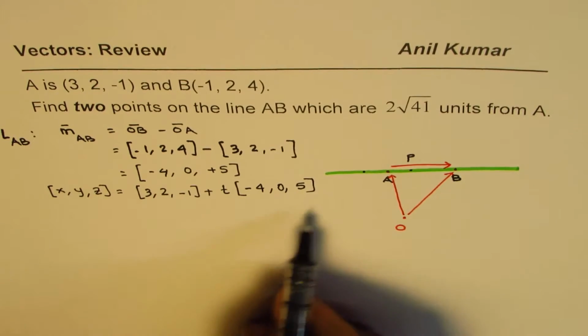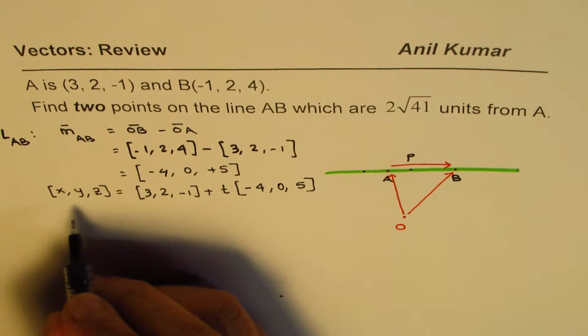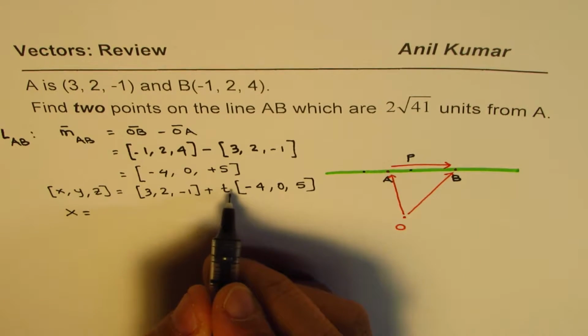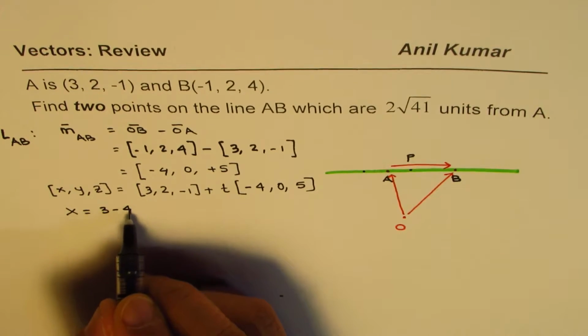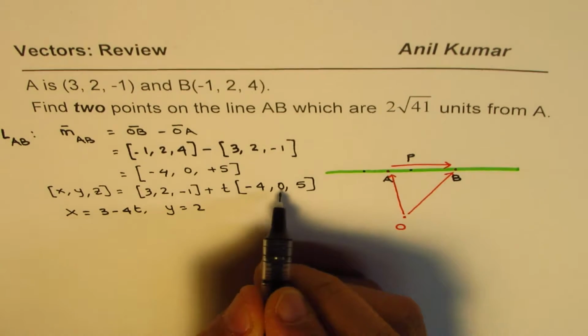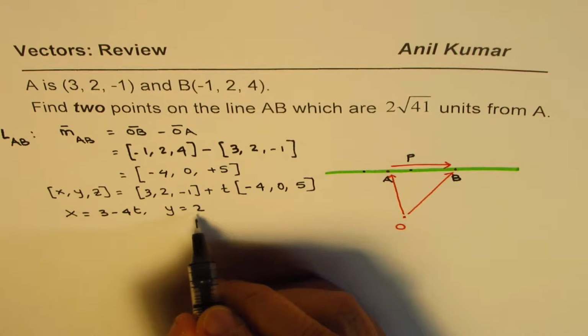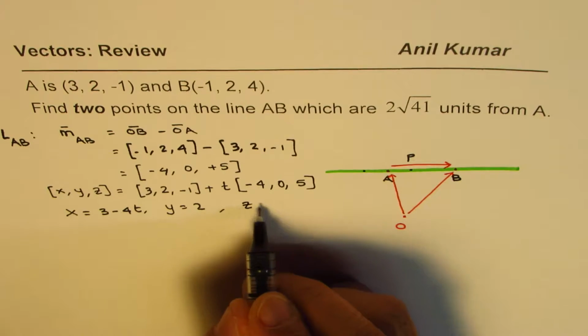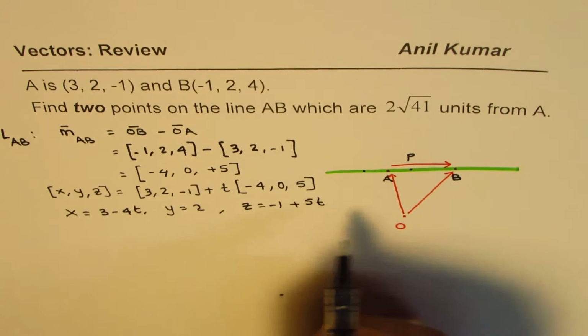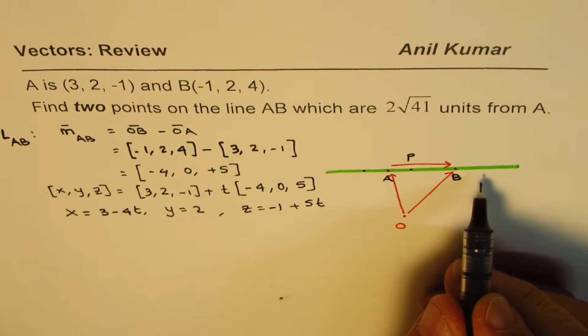Any general point on it has coordinates x equals 3 minus 4t, y equals 2 since the t coefficient is 0, and z equals -1 plus 5t. So that is a general point on the line AB.